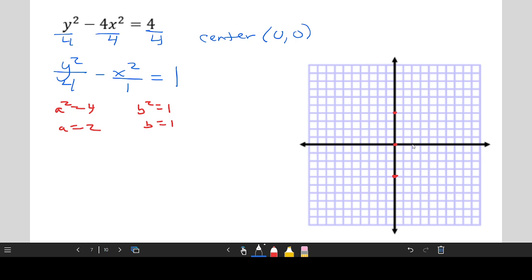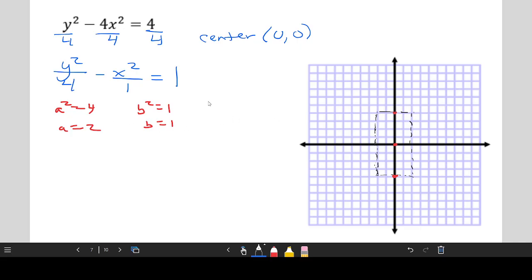And then this will be 1 unit to the right, since I'm scaling by a half, and then this will be 1 unit to the left. So the edges of the rectangle are going to be 1 unit away from the center horizontally and 2 units away from the center vertically for this one.